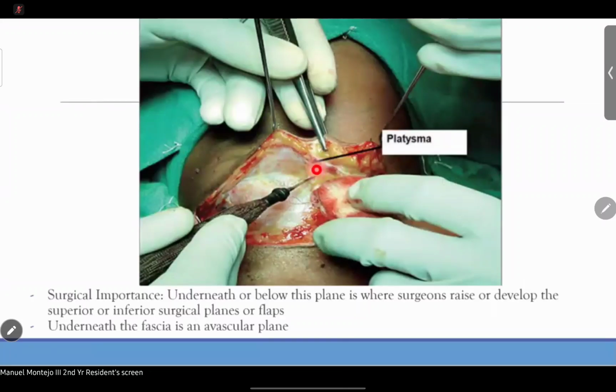So if you can see the platysma and you develop your anterior or superior flap within that layer, you can access any organ that you plan to operate on without any bleeding. Okay? So it is an avascular plane.